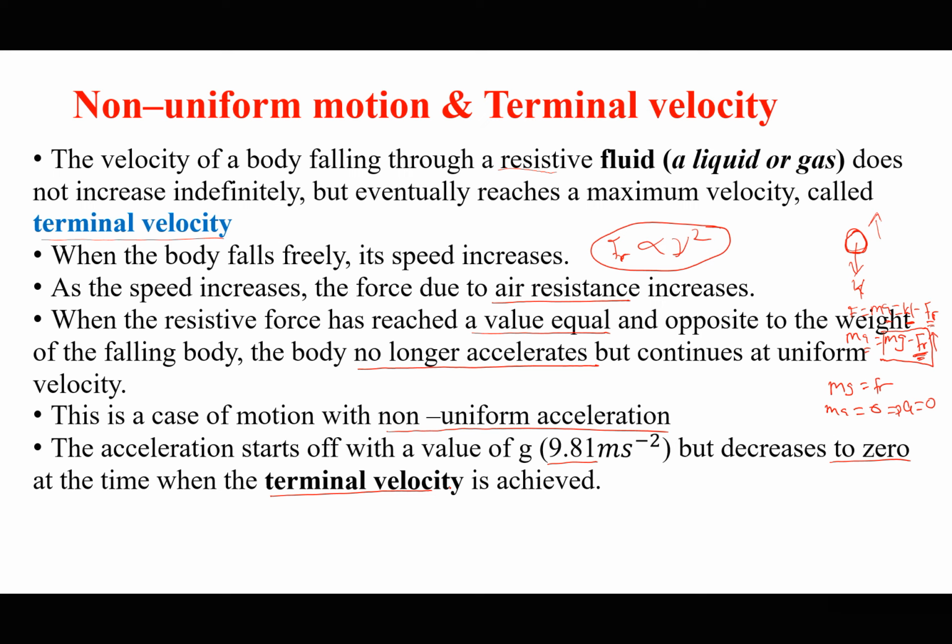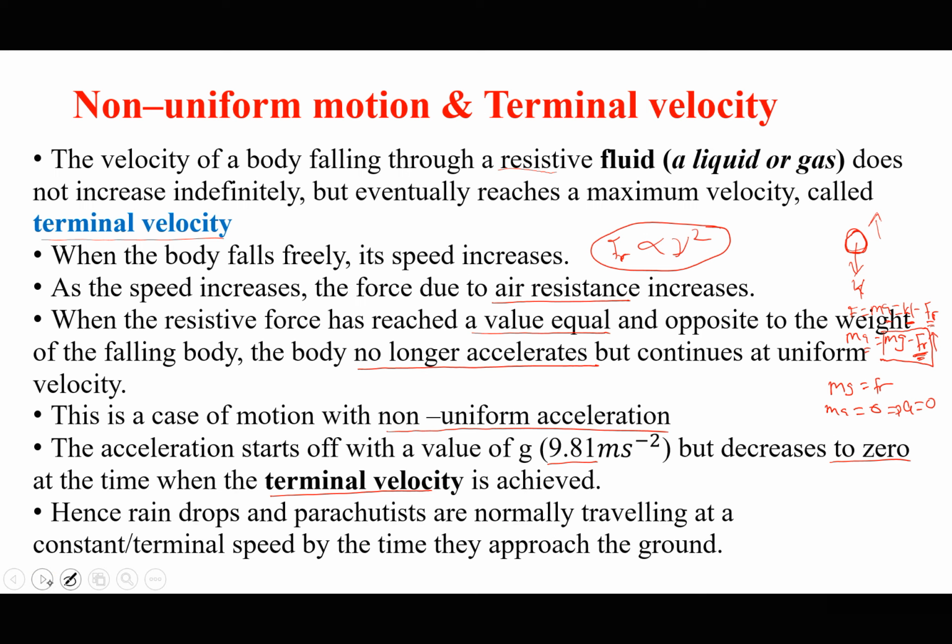And when it becomes zero, the body cannot accelerate any further. The speed or velocity cannot increase any further. So the velocity reached is going to be called terminal velocity, the final or maximum velocity. Hence, raindrops and parachutists are normally traveling at a constant or terminal speed by the time they approach the ground.